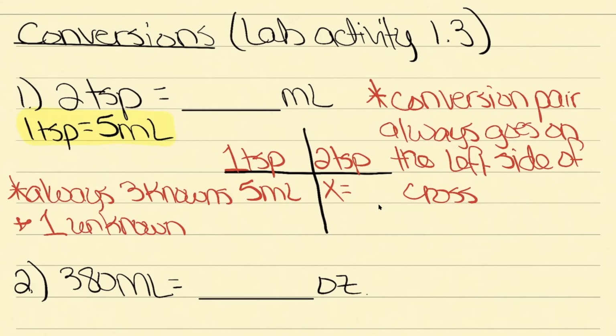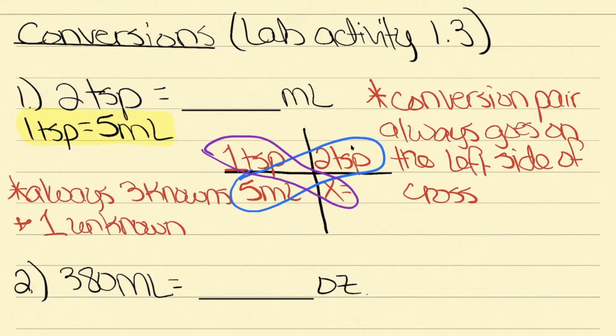So whatever is across. So 5 and 2 are across. And then teaspoon and X are across. I normally don't do it that way, but this is how it is.